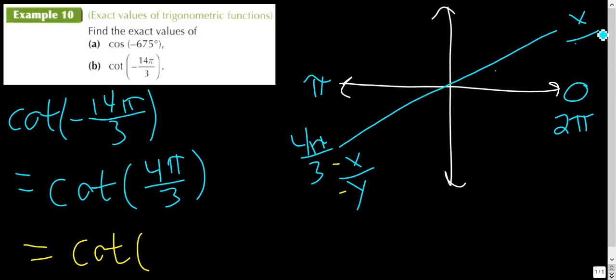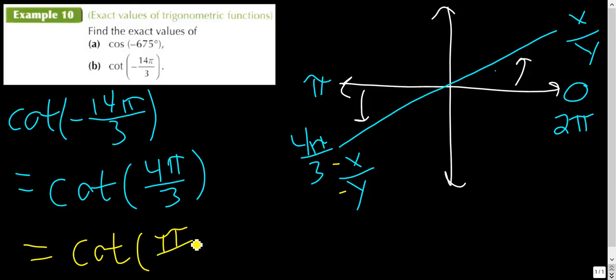So let's think, how far up from pi did I go to get to 4 pi over 3? Well, I moved pi over 3 up. So it gives me the exact same value as pi over 3.